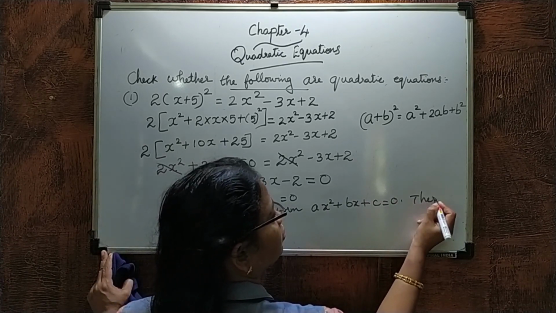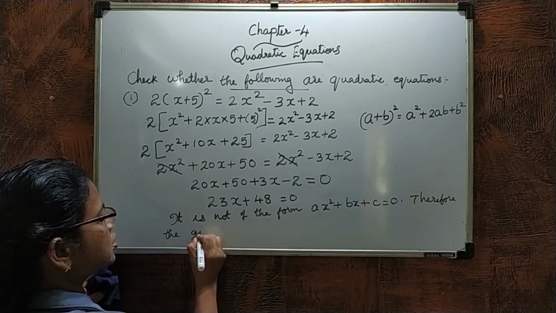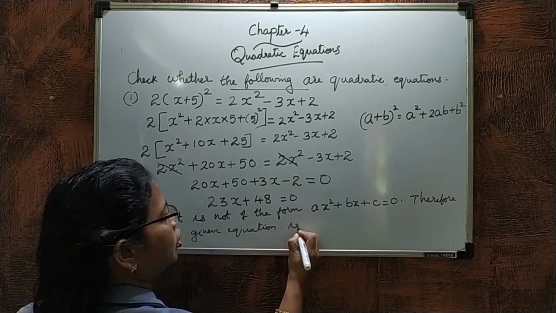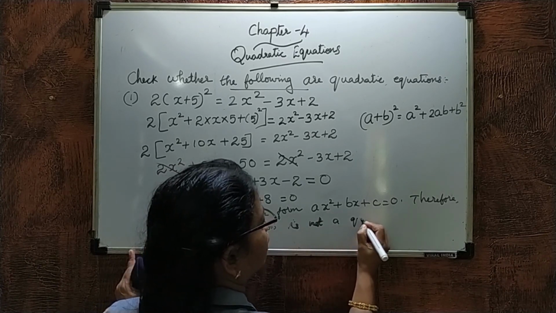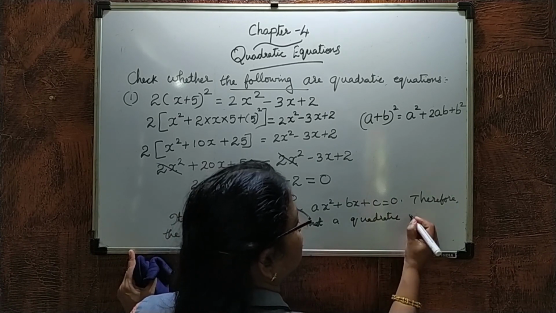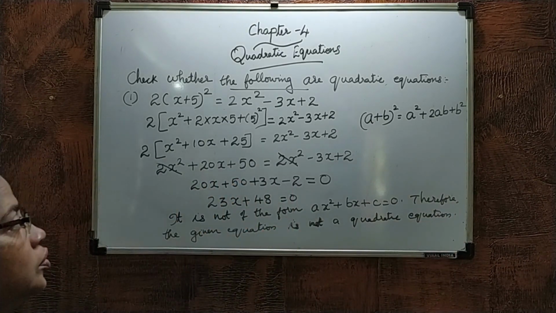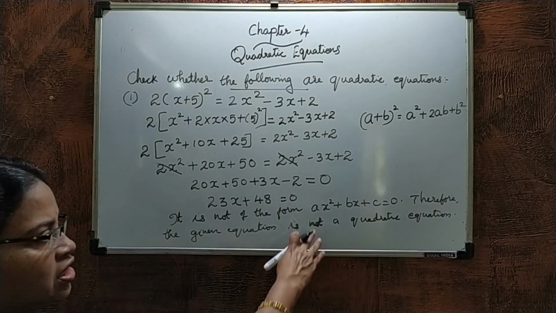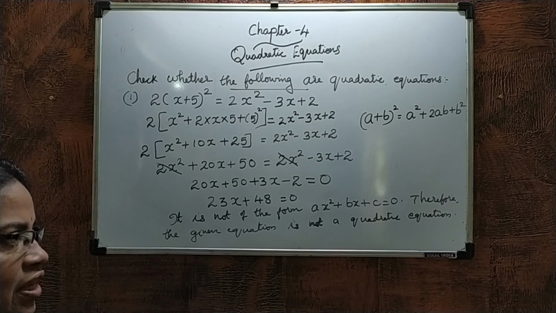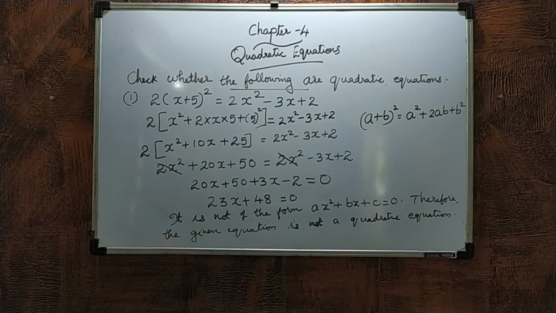Therefore, the given equation is not a quadratic equation. Clear? Just expand it and then find out whether it is in the form of ax square plus bx plus c equal to 0. If it is in that form, just write it as a quadratic equation. Otherwise, you have to write like this.